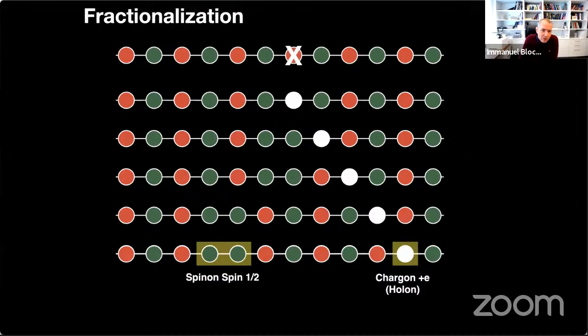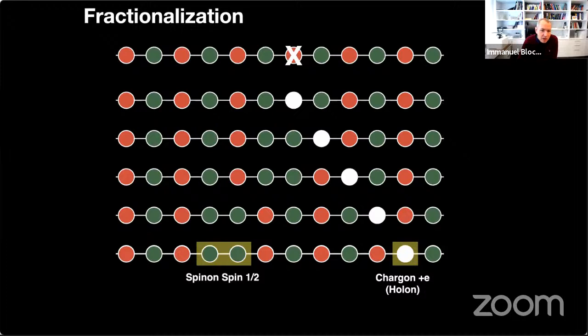So remember, we originally had an electron here in the chain, or an atom, which carried spin and charge. We removed that particle, and suddenly we get the hole, which moves in one direction. And in the other direction, we get another quasi-particle, this spinon, which carries the spin quantum number. And if you draw this cartoon a bit further, you will see that this spinon and holon can separate over arbitrary distances from each other.